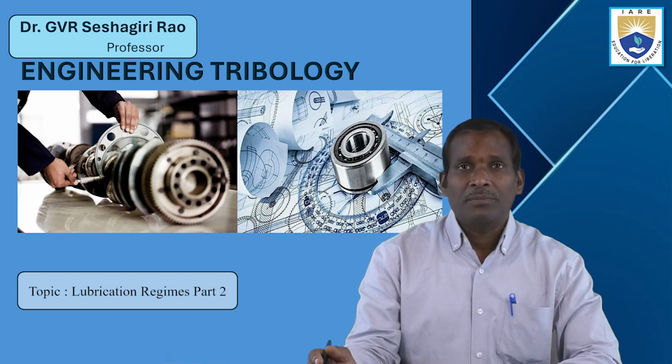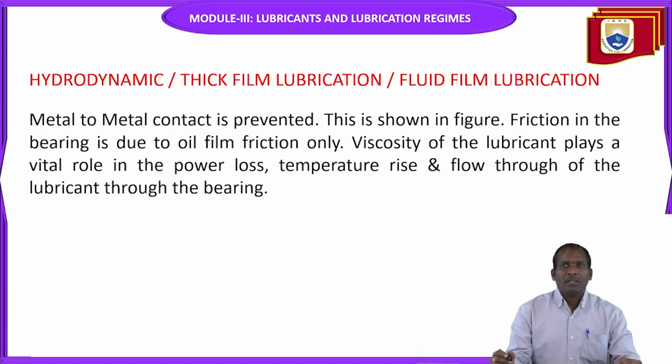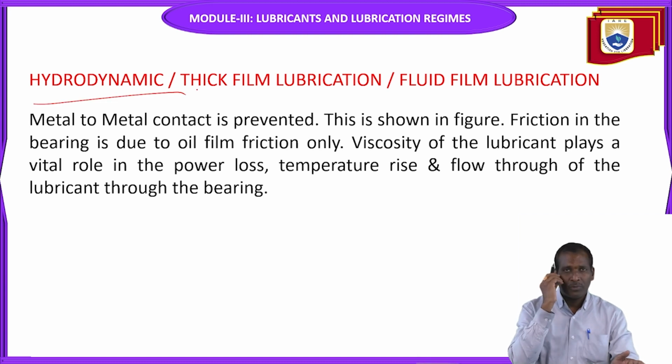The first one is hydrodynamic fluid film lubrication, or thick film lubrication. This type of lubrication is called fluid film lubrication. The main types of lubrication are hydrodynamic, boundary lubrication, and thin film lubrication.